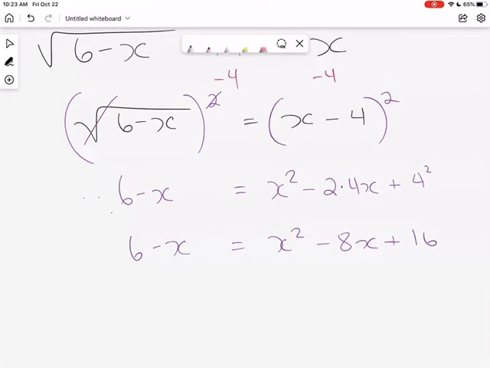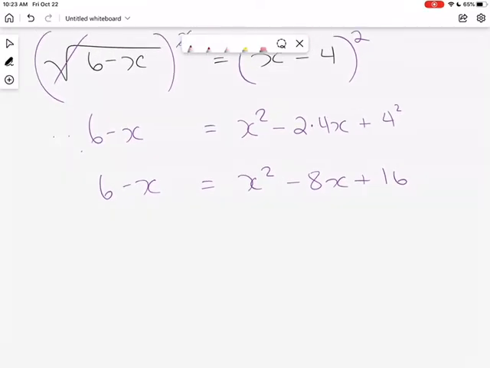Okay, and now when you get to this step, our intention again is to make this entire thing equal 0. So I want to combine like terms and I want to pull everything together, okay? So if you notice, I have a minus x here and I've got negative 8x here. I've also got a 6 and a 16. Those are like terms. I can combine them together.